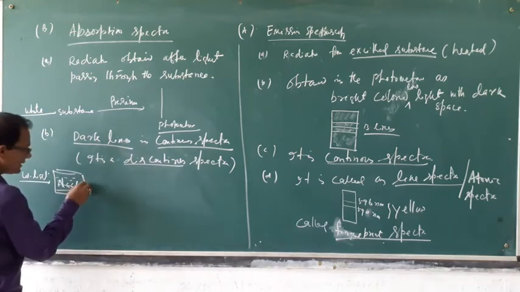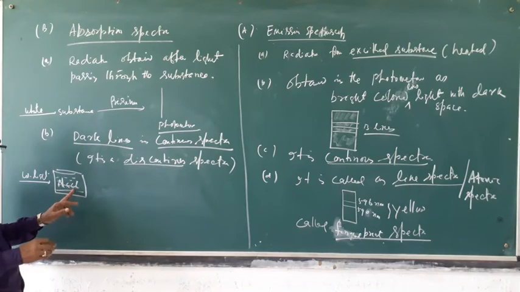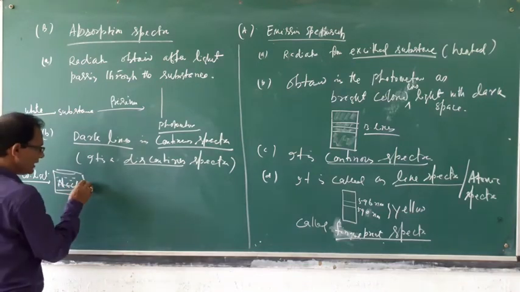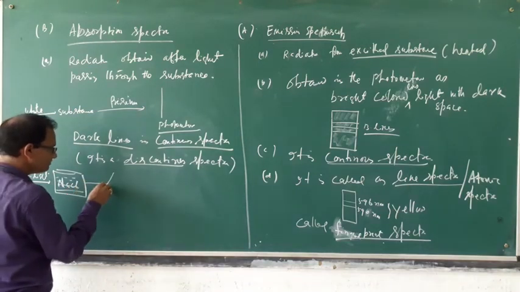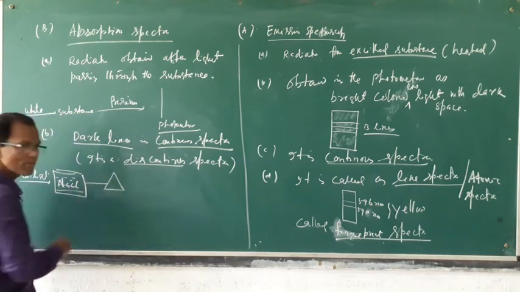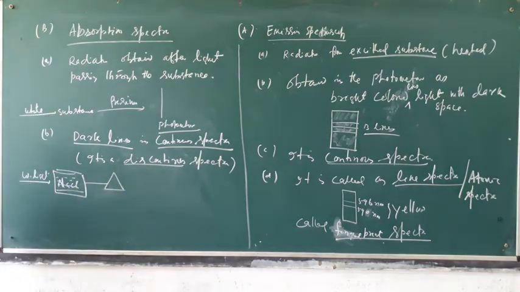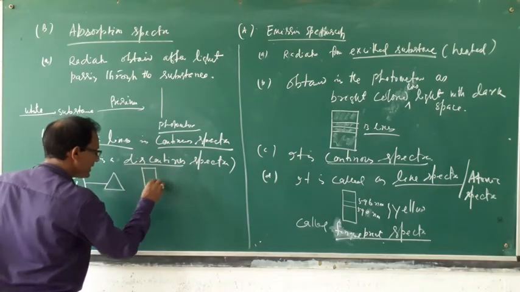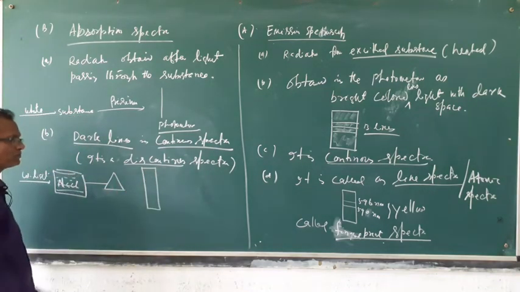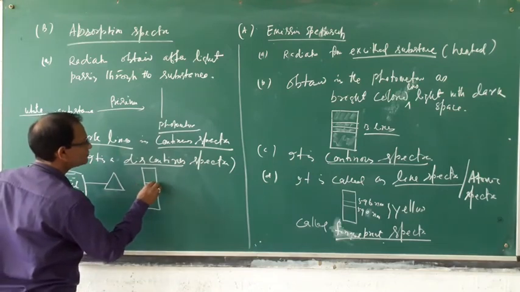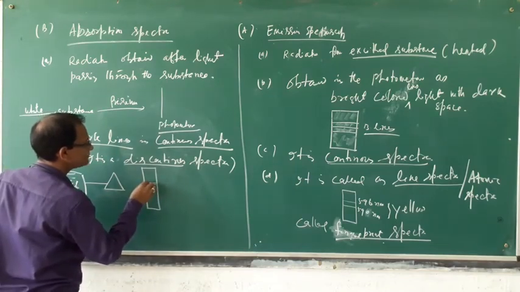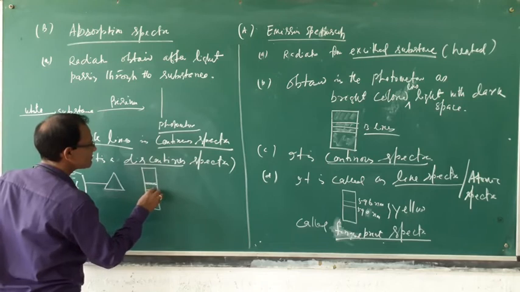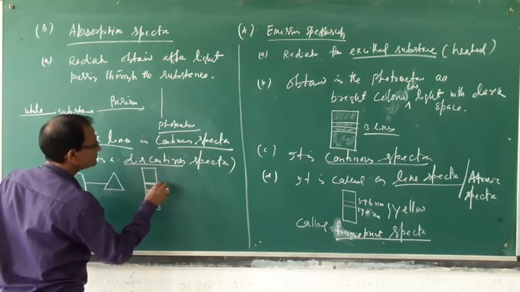Then the light after passing through sodium chloride is allowed to pass through the prism. Then what is obtained on the screen? It is obtained like this: colored light with dark space.